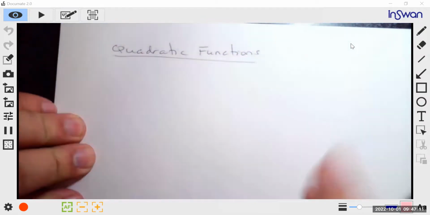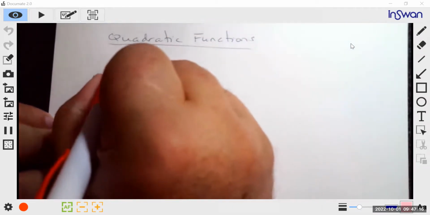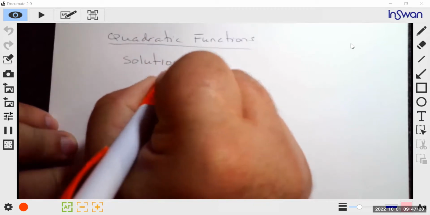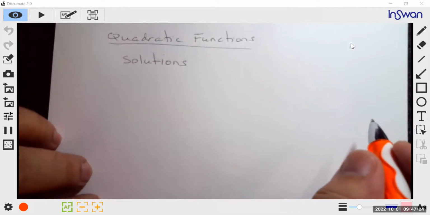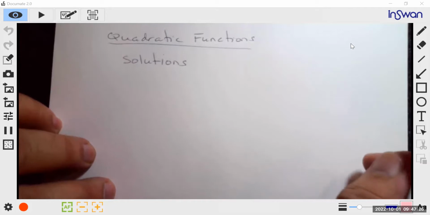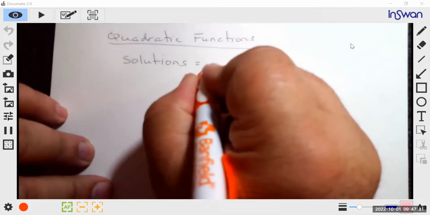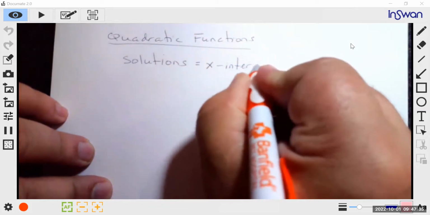Quadratic functions. When we say solutions, when you say find the solution, what is the solution of this function? What we're really talking about are the x-intercepts.